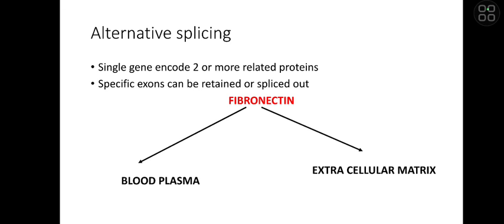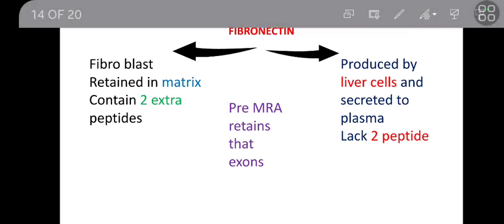It is a protein which is present both in blood plasma as well as in the extracellular matrix. The fibronectin present in the extracellular matrix contains two extra peptides compared to the fibronectin produced by liver cells and secreted to the plasma.